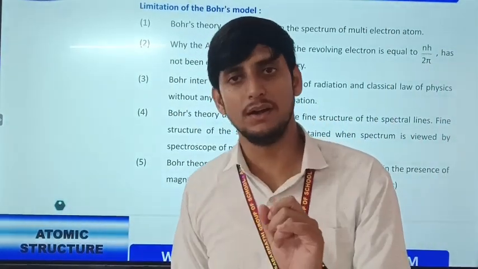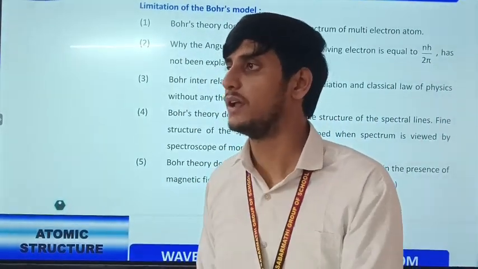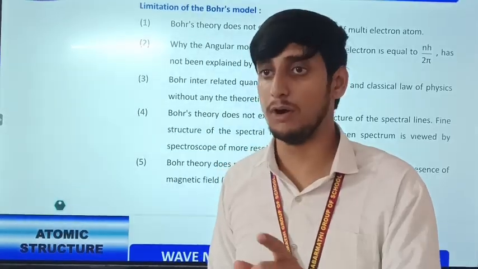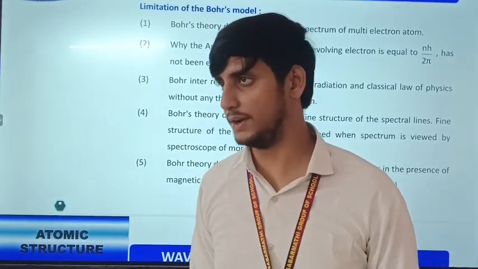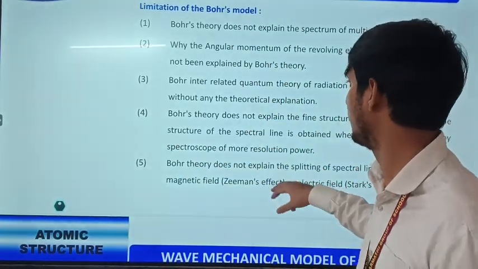Classical law explains only macro objects, not micro. And electrons are micro particles. That's why it becomes a problem. Okay.